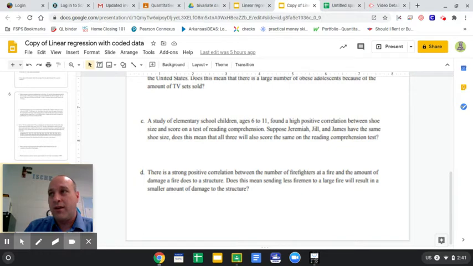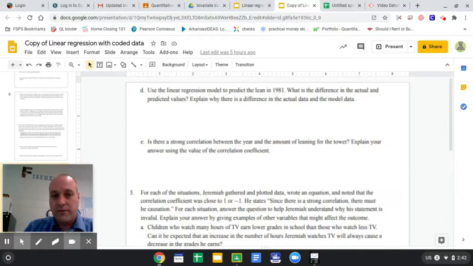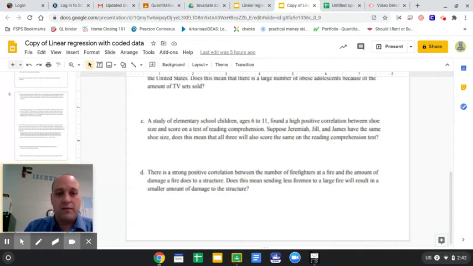So other factors that contribute to that are the size of the fire, the type of the structure, what caused the fire. If it's a gas fire or chemical fire, it may be harder to put out. So that finishes off this worksheet.